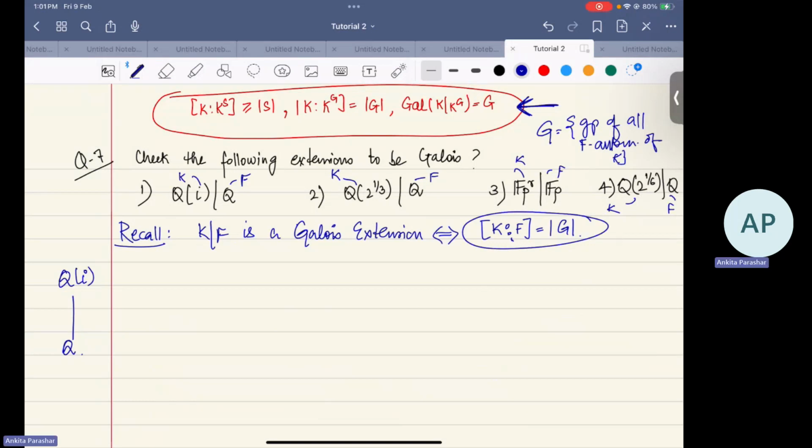What is the degree? If you notice carefully, i is a root of x squared plus 1, which is irreducible over Q. Therefore, the degree is 2. This is okay, right?